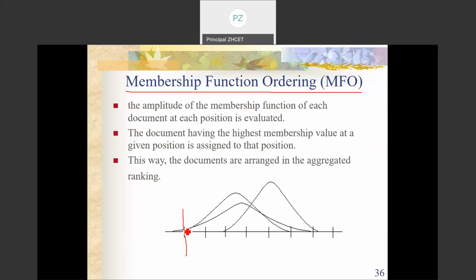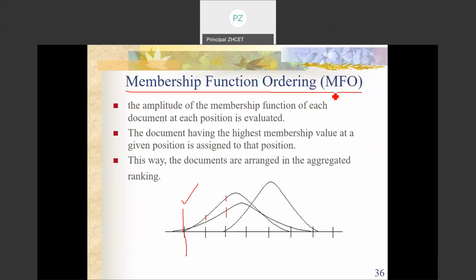Whichever has the highest degree of belongingness at position 1 should be assigned to position 1. Then we come to position 2. Over here, this one has the higher membership function. And at this point, again, this has the highest membership function. But since this has already been assigned before, the next highest should be considered. That way we can go on doing what is called membership function ordering.